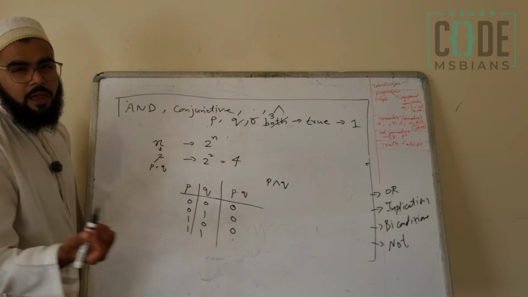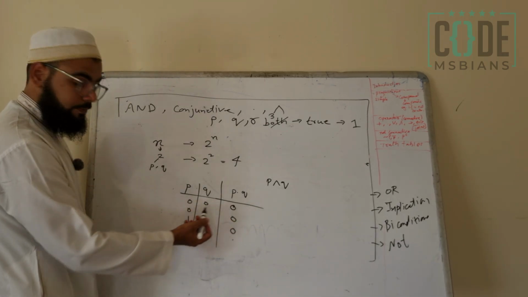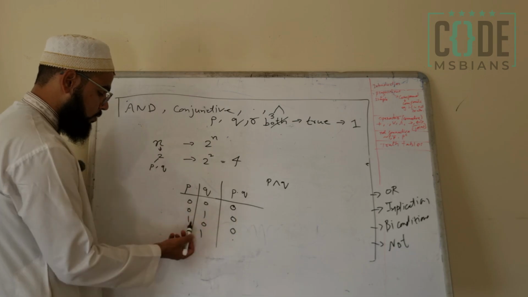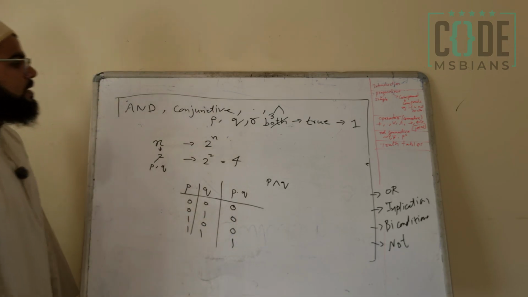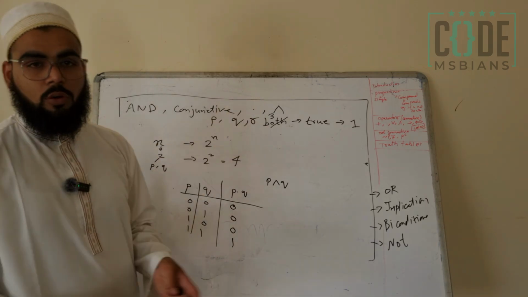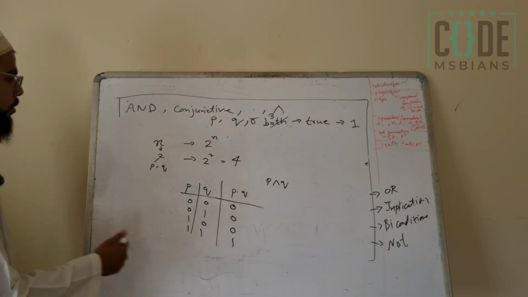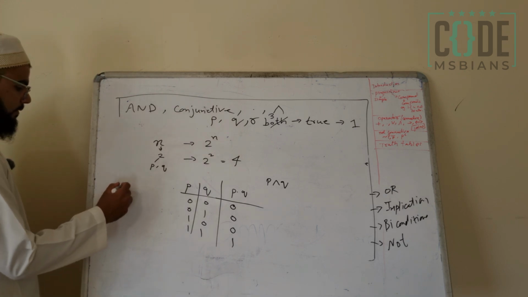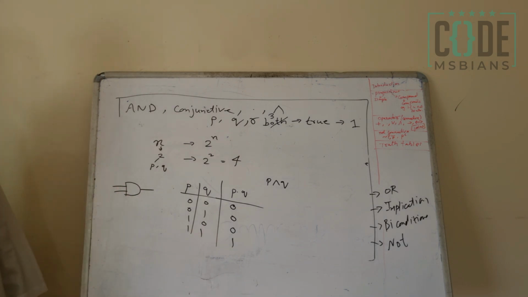Instead of saying dot, I will say and: 0 and 0 is 0, 0 and 1 is 0, 1 and 0 is 0, 1 and 1 is 1. As we discussed, all the values must be true, then only it will give you true. And in logic gates, we represent this AND with this sign. It's a 2 input AND gate.